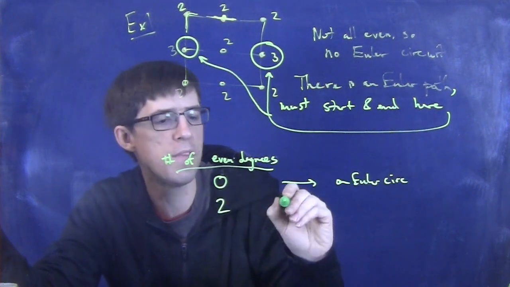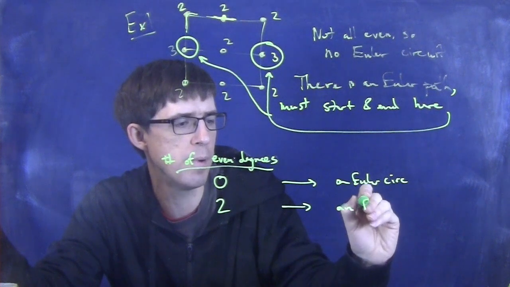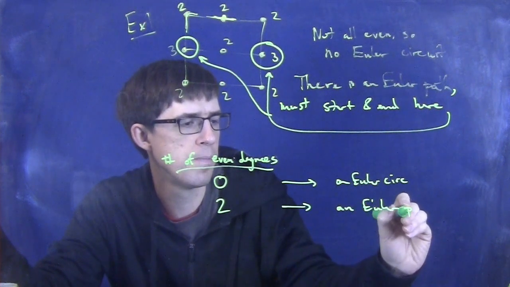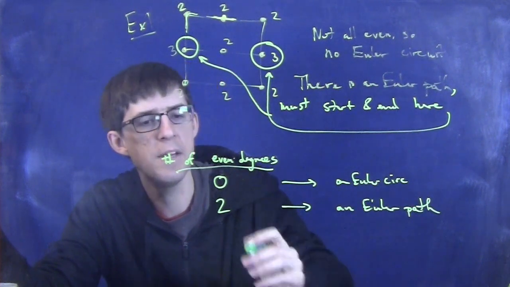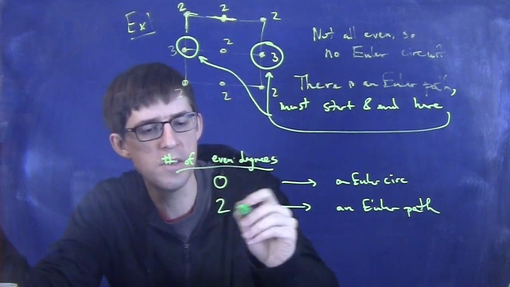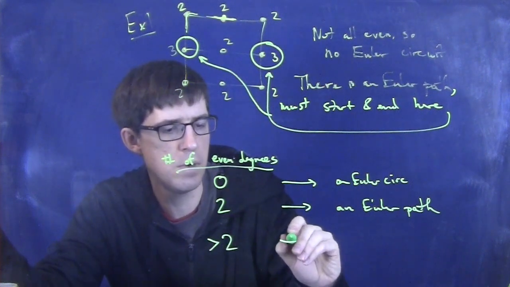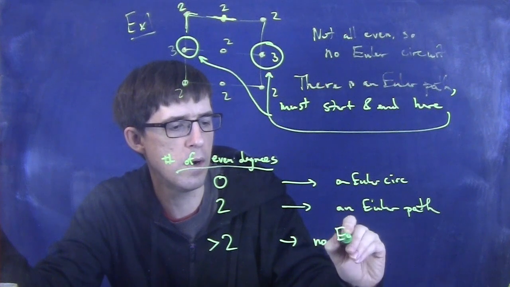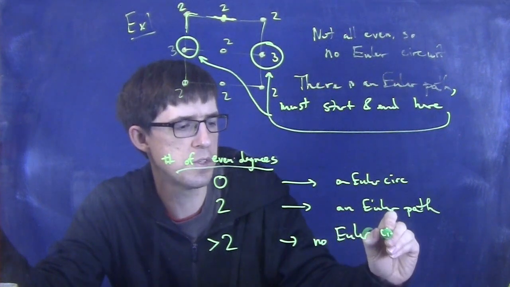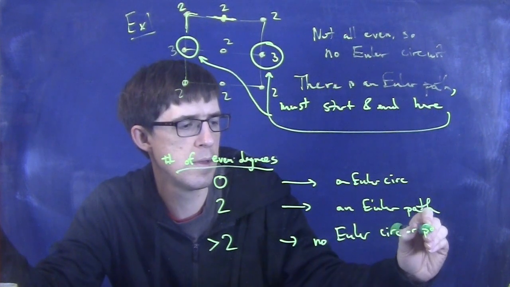If there's 2 of them, that means there is an Euler path. And if there's more than 2, then there's nothing. So more than 2, I'll just say no Euler anything, no Euler circuit or path.